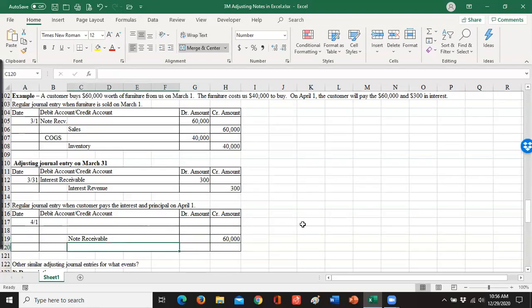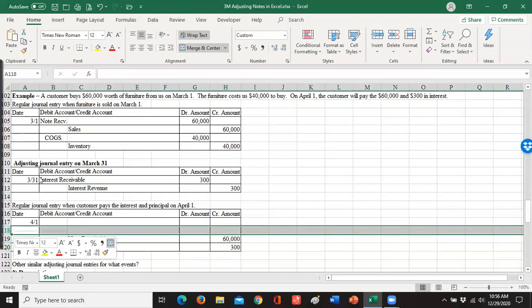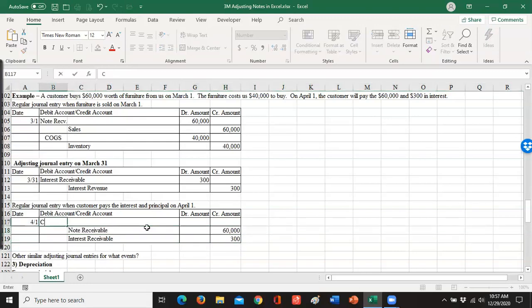Their interest receivable has to go away. Cash that I'm going to get is $60,300. So this has to go away, that has to go away, and you get the cash for the total.